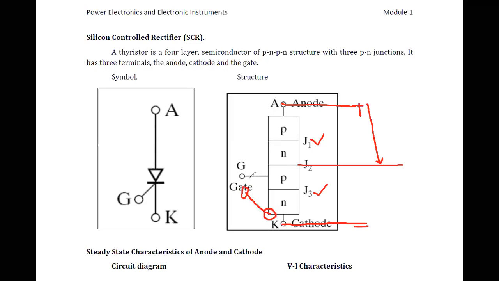Because junction J2 was not conducting, what I will do is I will increase the gate voltage such that this junction breaks down at this particular point, and further it will allow current to flow from anode to cathode. So now this junction is completely just like nil.